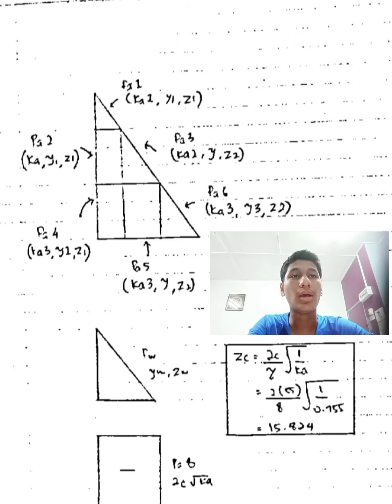ZC is 2C over gamma power of 1 per Ka, which is 2 bracket cohesion, which is 55 per gamma 8. Gamma 1 is 8, power of 1 per Ka, Ka1 is 0.755, and the total is 15.824.